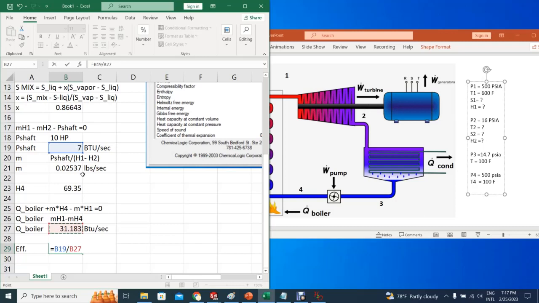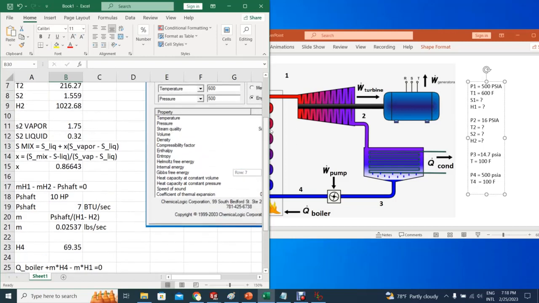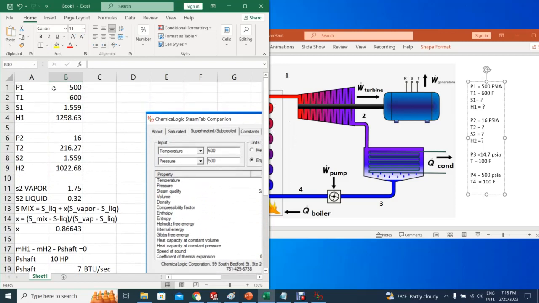The efficiency is going to be, I'm saying probably, less than that, but this is just a working number to let you know where you're going to start. So that multiplied by 100, about 22 at this point. If the conditions, for example, of P1 and T1 increase, the efficiency will get better.